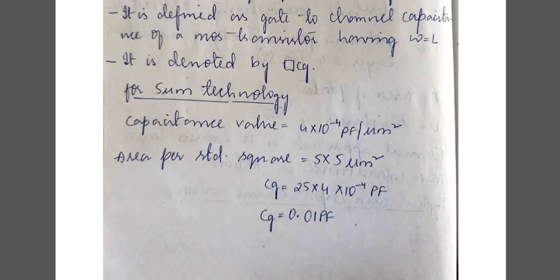Cg is equal to 25 into 4 into 10 to the power of minus 4 picofarads, right? And you will get the value Cg equal to 0.01 picofarads. Correct? This is the standard unit of capacitance, given as 0.01 picofarads.